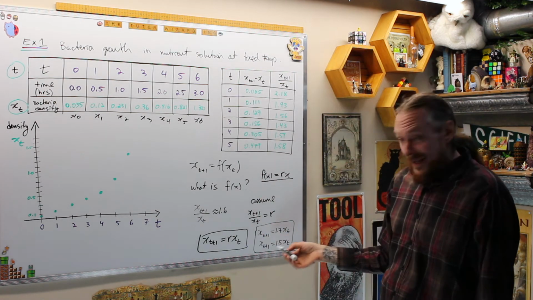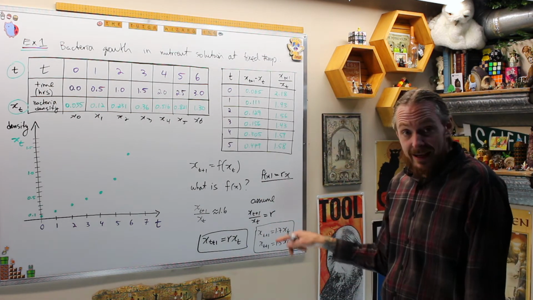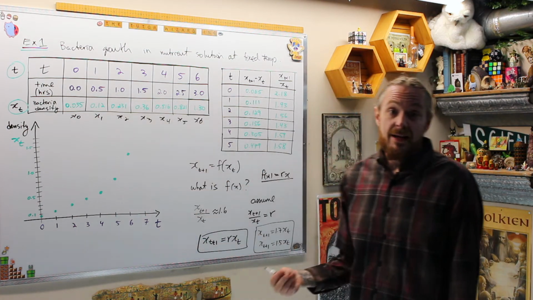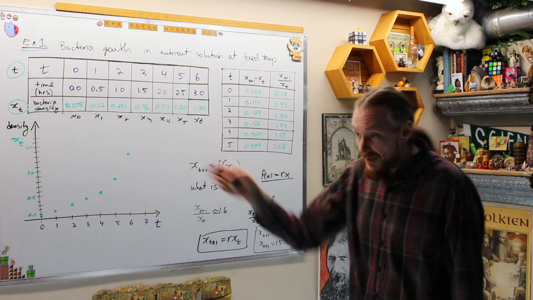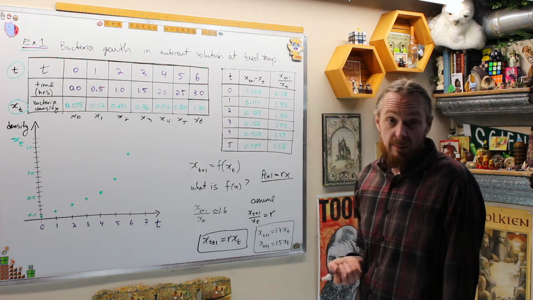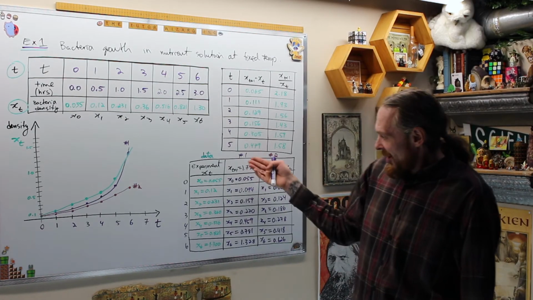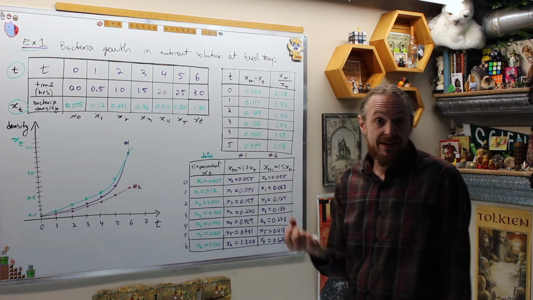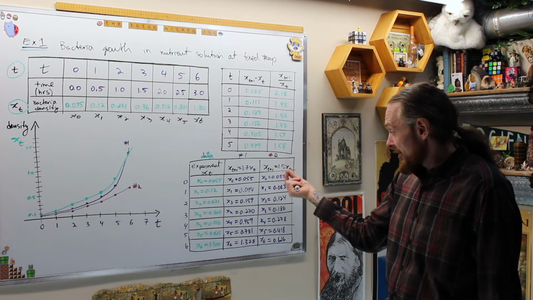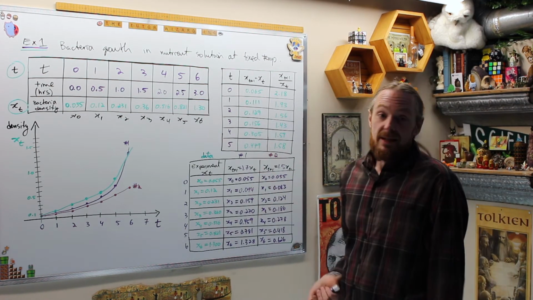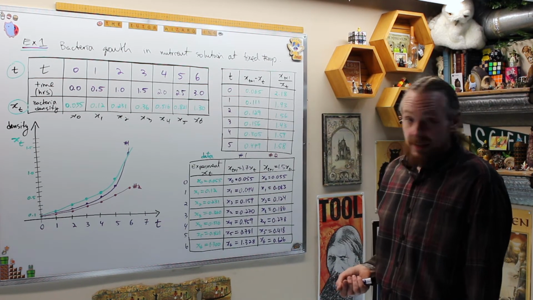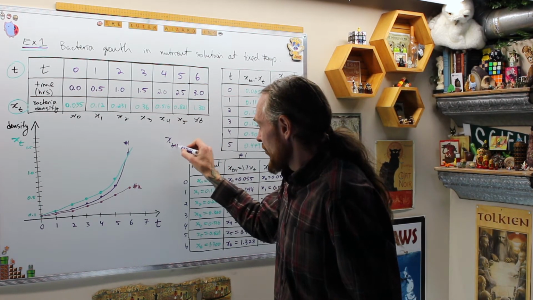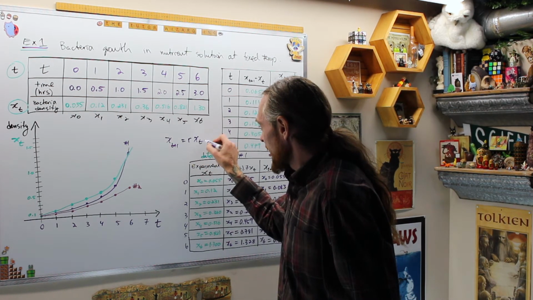Now let's assume in our model that this is the actual growth rate and see how close or accurate we get to our model's values compared to the actual empirical experimental data. Using model 1, we're going to call it, and model 2, model 1 uses 1.7 as the constant growth rate, and model 2 uses 1.5. We used the relationship that we thought we had, which was x_{t+1} equals r times x_t.